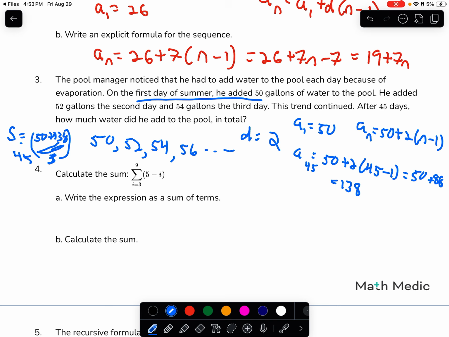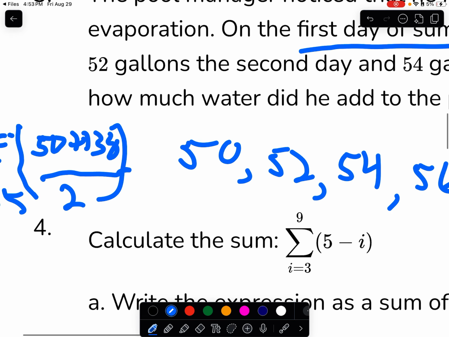Okay, so the first term is 50. The last term is 138. That's what that says. And then we have to multiply it by the number of terms, which is 45.